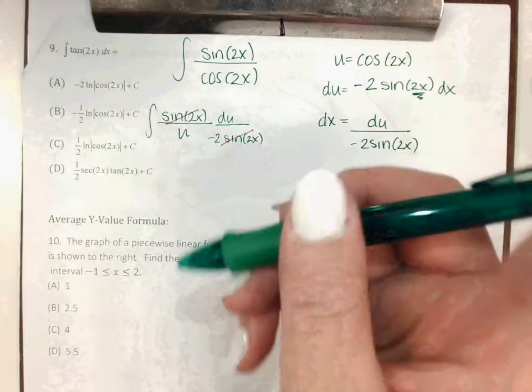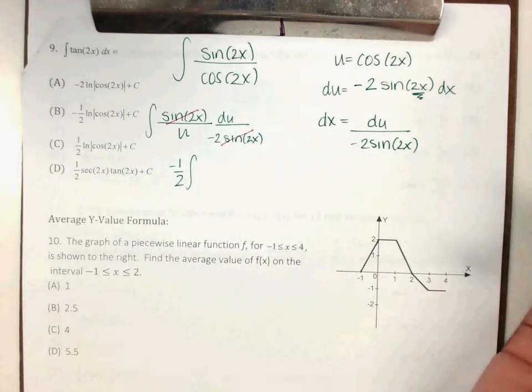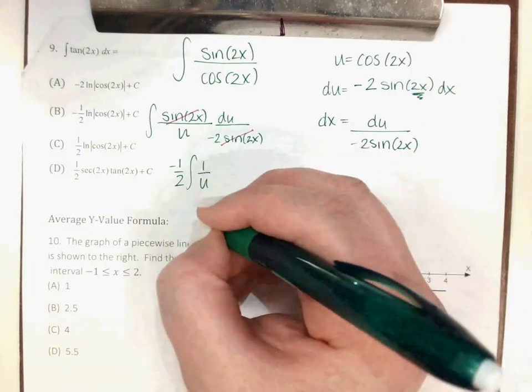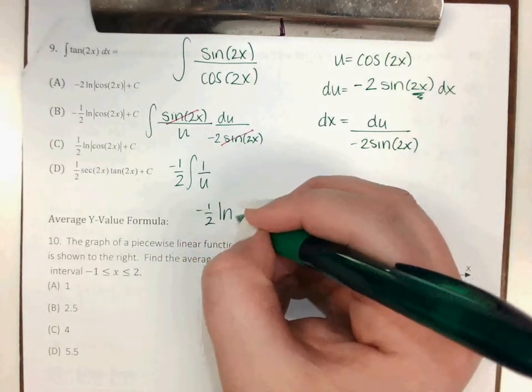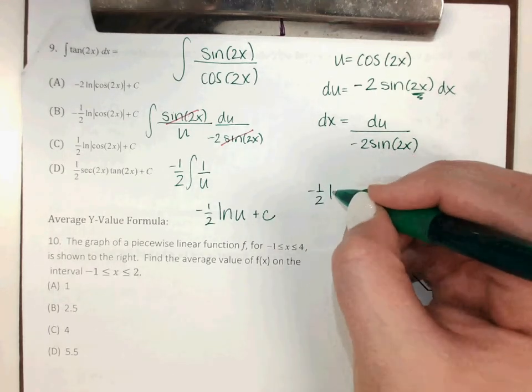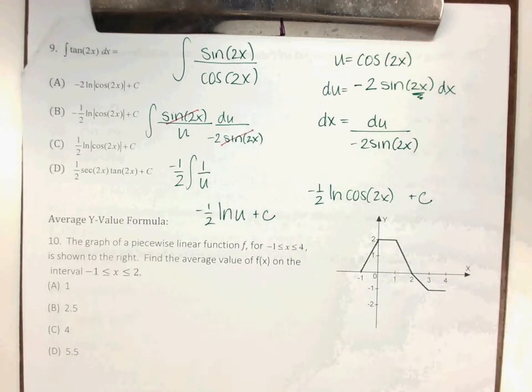Minus 1/2. And then what's the integral of that? 1 over u, which means that it's ln u, which means it's ln cosine 2x plus c.